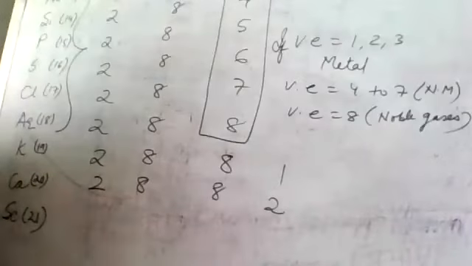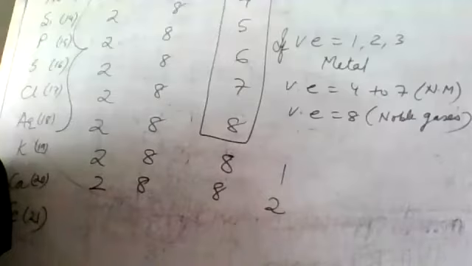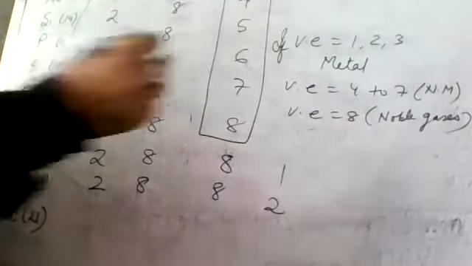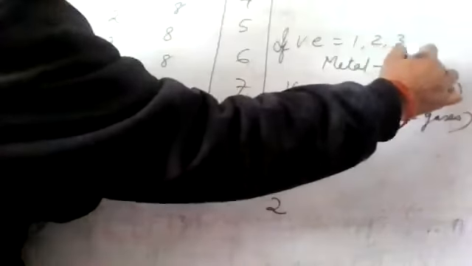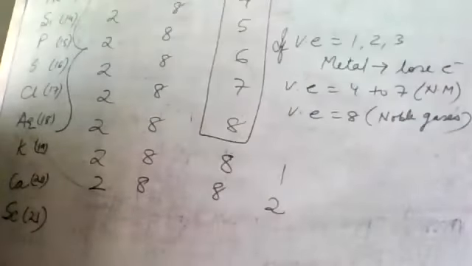Now this thing you have come to know. One more thing you will come to know through this. The one which is metal, they will lose electron always. The one which is metal will always do what? Lose electron.